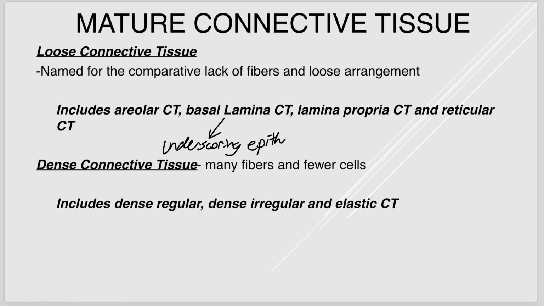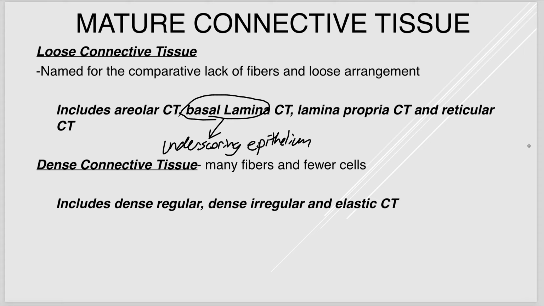So those epithelial cells actually make this basal lamina. Okay, they kind of make their seat that they sit on. So the basal lamina helps to anchor the epithelium. Lamina propria, this is found under mucosal tissue, and then this reticular tissue is found in some of the lymphoid organs.